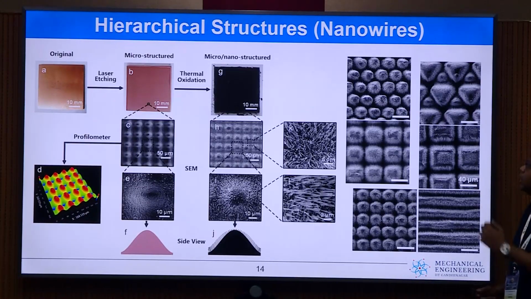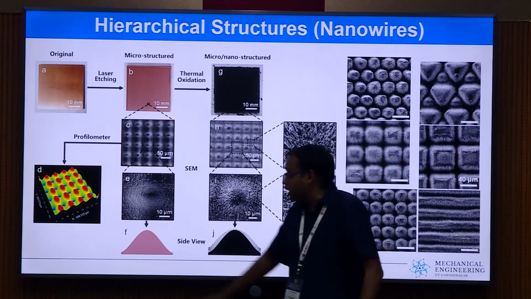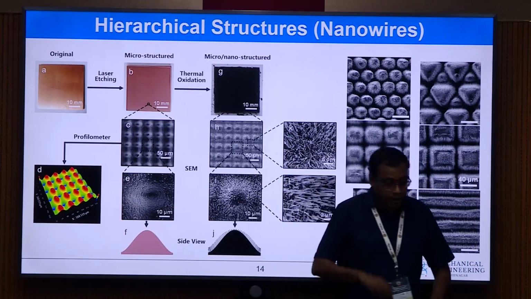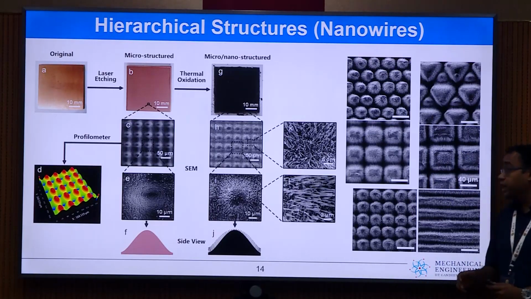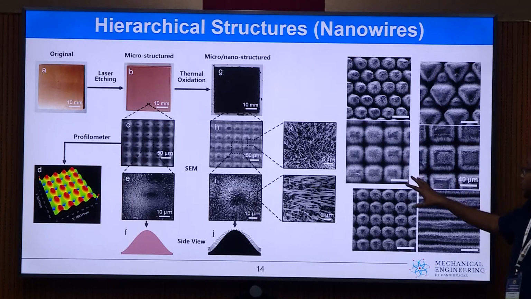So as I was mentioning, in case of hierarchical structures, we can have a very well defined structure. We can use laser texturing initially to define macro scale or micro scale bumps. And on that, we can then do chemical oxidation, functionalization, or electrodeposition to end up getting very defined nanowire structures.